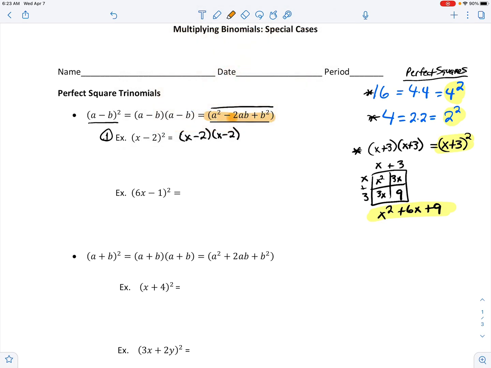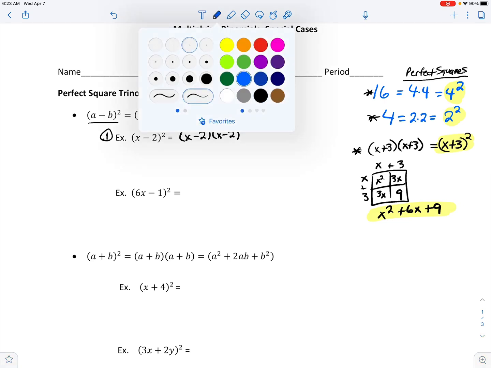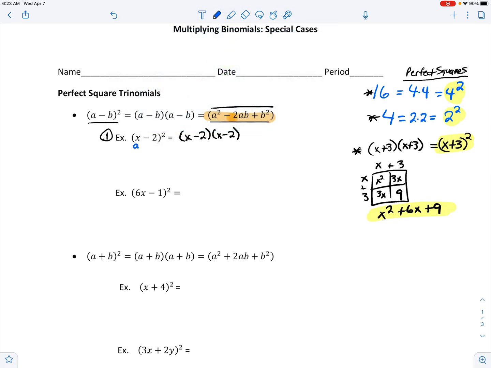A squared minus 2ab plus b squared. You may be wondering, well, what does that mean? Well, if we let this be a, x, and we let 2 be b, then we could just substitute all of this information into this formula so that we end up with x squared, because that's our a, minus 2 times x times b, which is 2, plus b squared, so that's 2 squared, right?